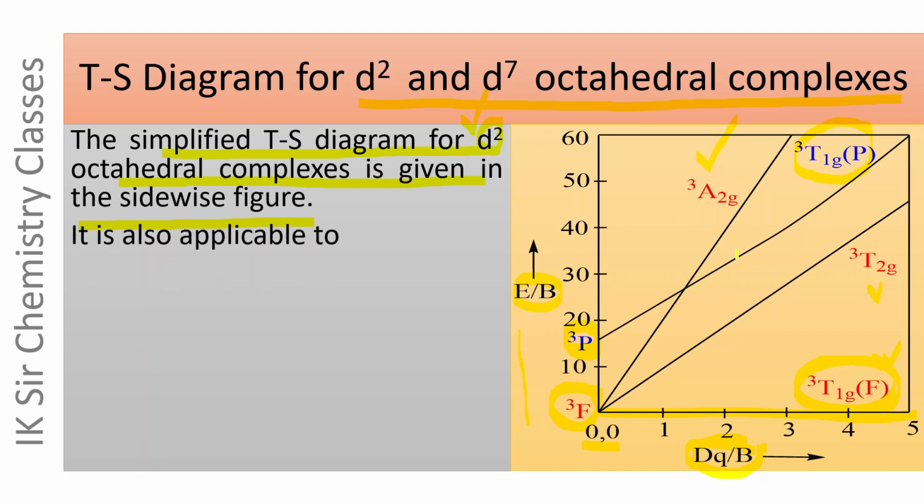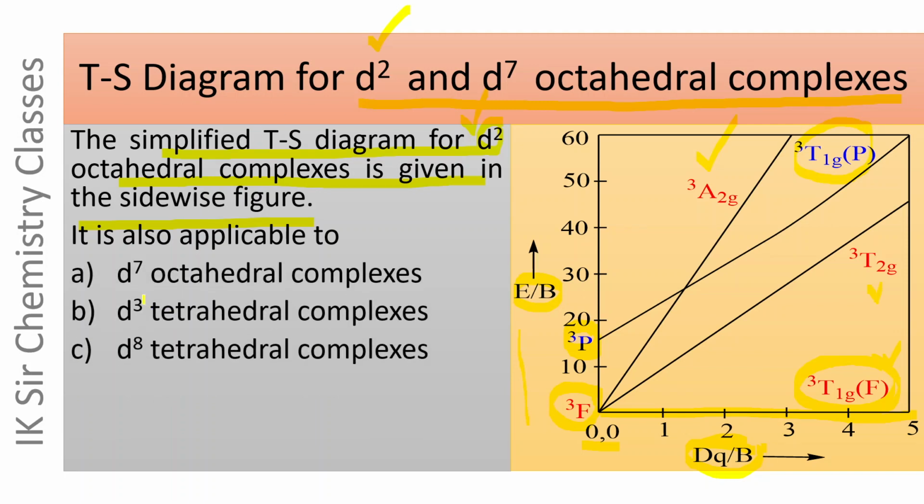This Tanabe Sugano diagram has been plotted for D2 octahedral complexes. It is also applicable to D7 octahedral complexes, D3 tetrahedral complexes and D8 tetrahedral complexes, as in the case of Orgel diagrams.